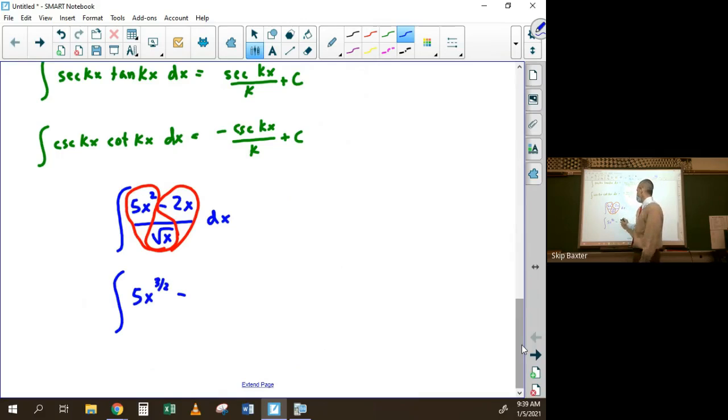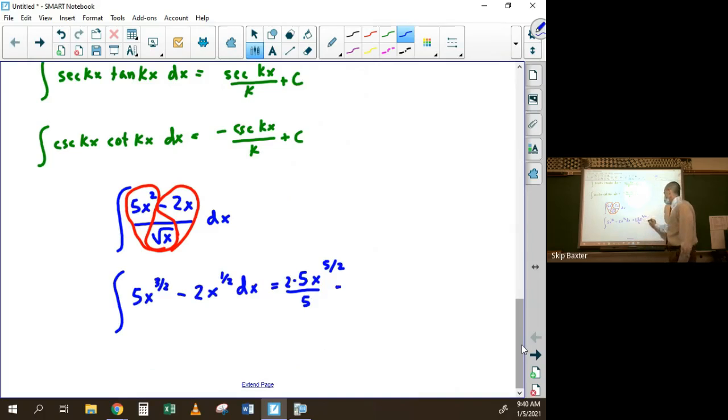You subtract exponents again, so you get 2x to the 1/2. And then you just use the regular power rule to integrate, right? So this would be 5x to the 5 halves times 2/5 minus 2x to the 3 halves times 2/3 plus c. That would be the answer.